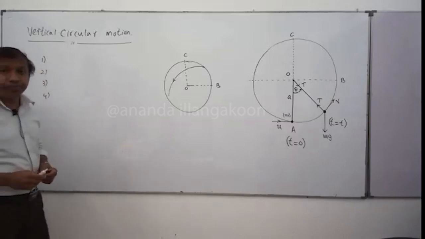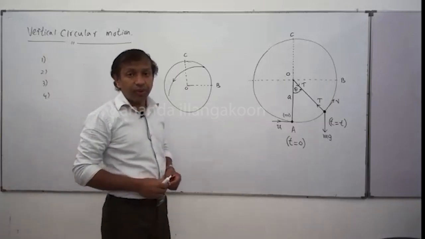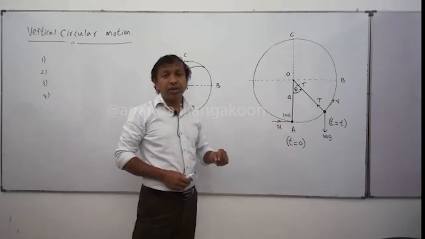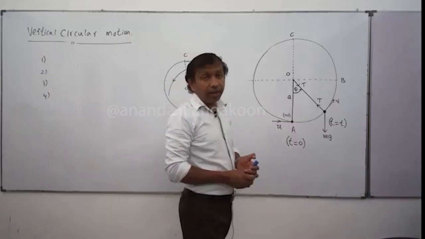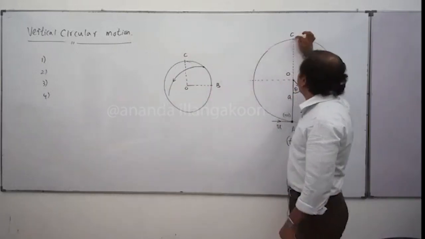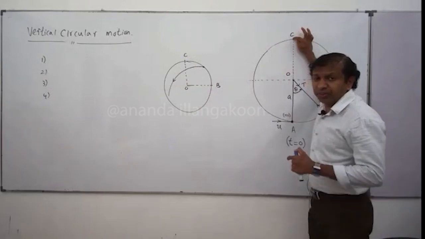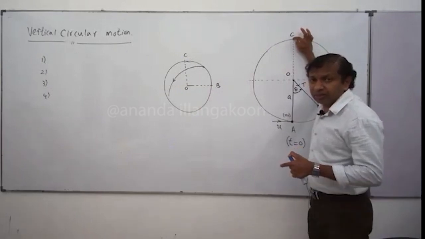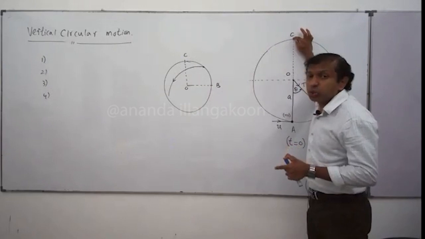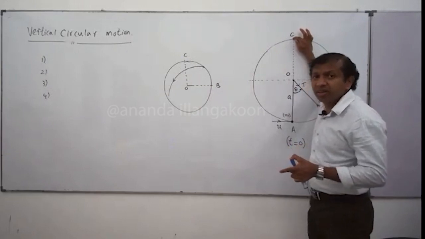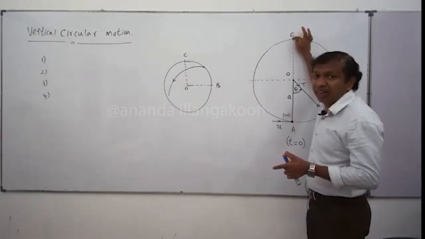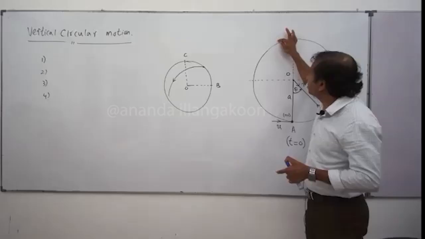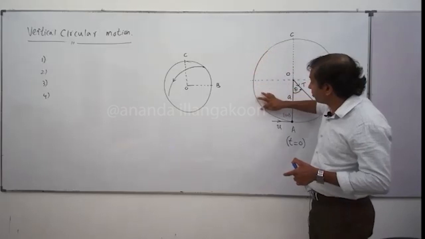Fourth possibility is that the particle can just move in a circle. Just moving in a circle means that at the highest point the particle almost stops its motion, but with huge difficulty it passes the point C and again moves in the rest of the circle.